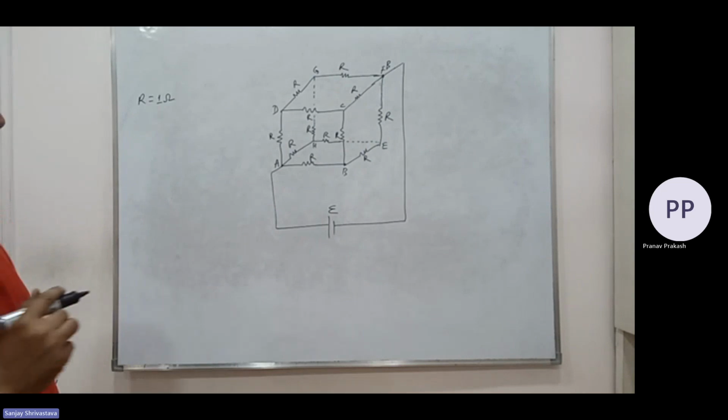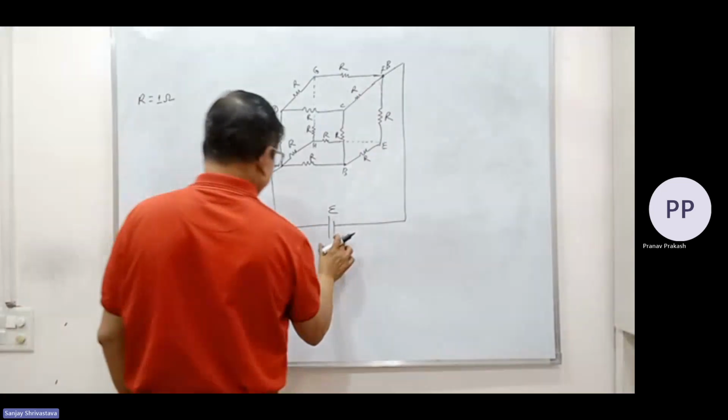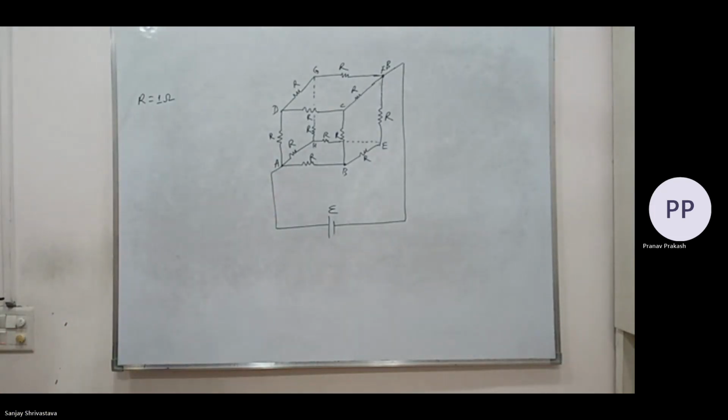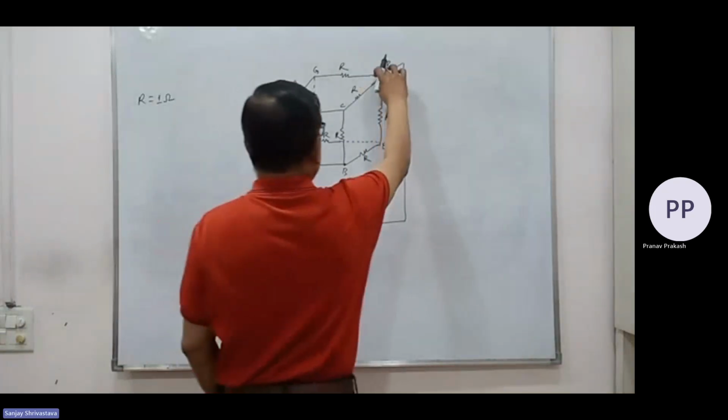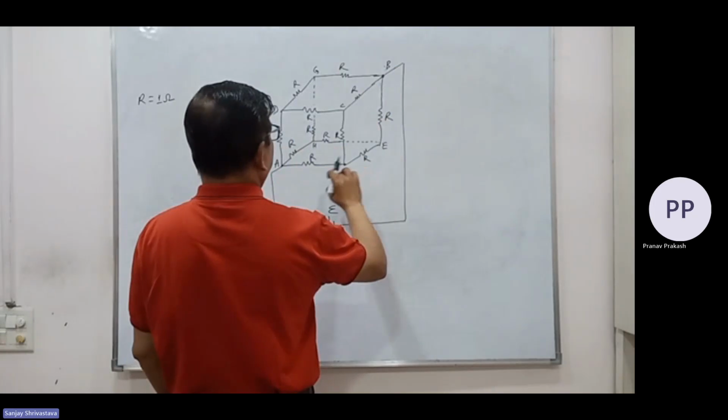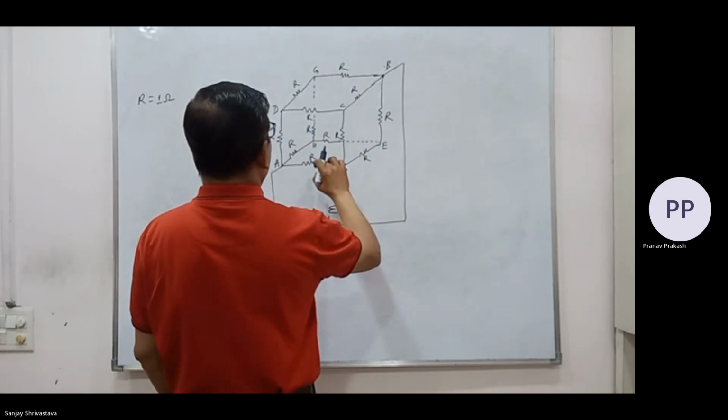Are you clear now? We are just putting a battery of EMF epsilon between A and B.